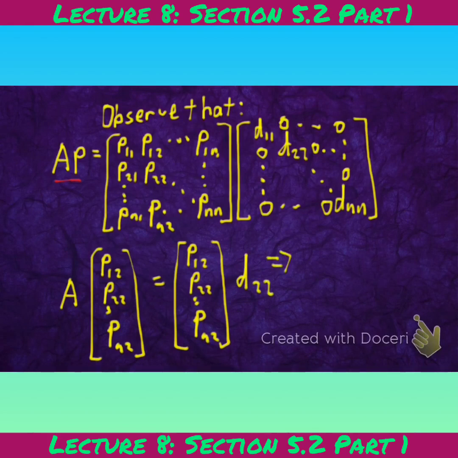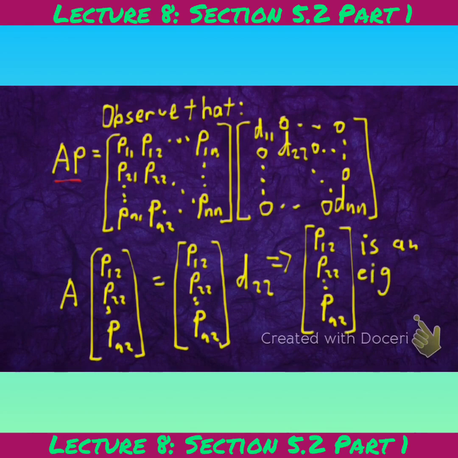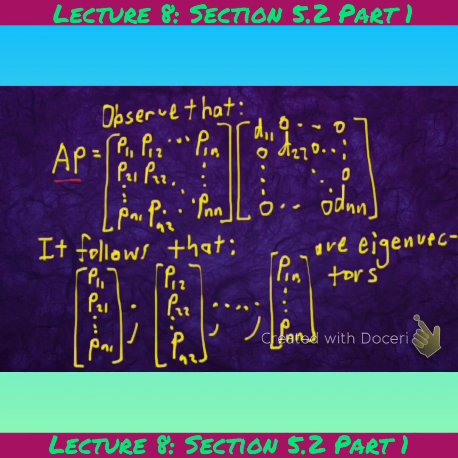And that's going to imply that this vector here is an eigenvector. You can follow this process through for all the columns. So it follows that every one of the column vectors is an eigenvector, and therefore we've constructed n eigenvectors.